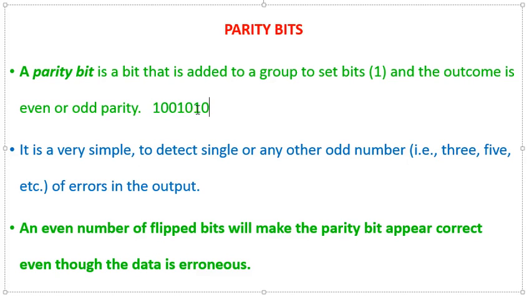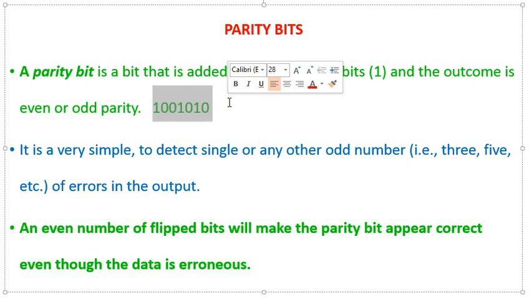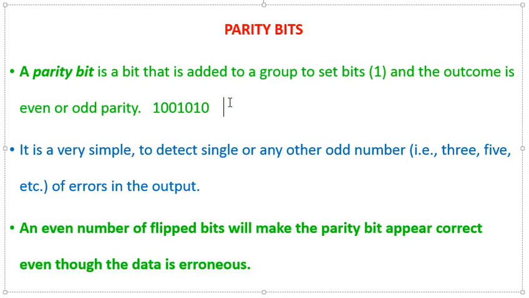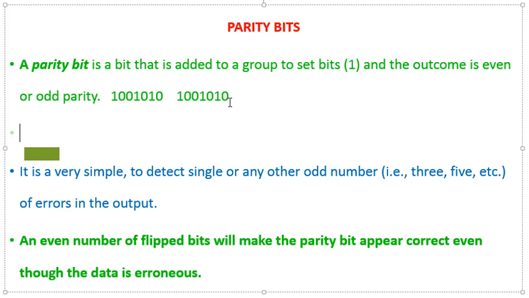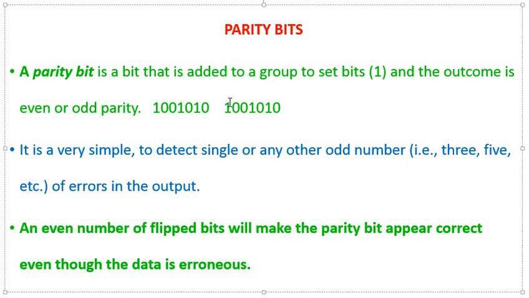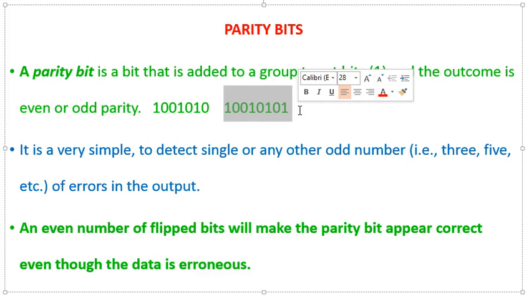So when I'm doing even parity, I will take this original data I want to transmit, and add another one to it. If you add one here, you can now count that I have 1 1 1 1. How many of them? I have 4, and 4 is an even number.